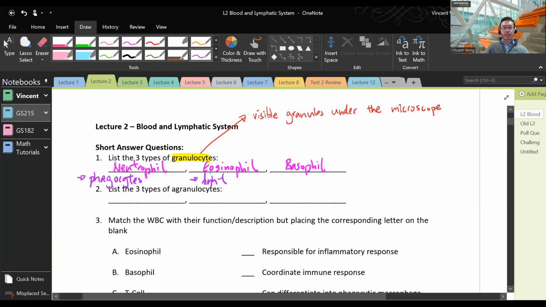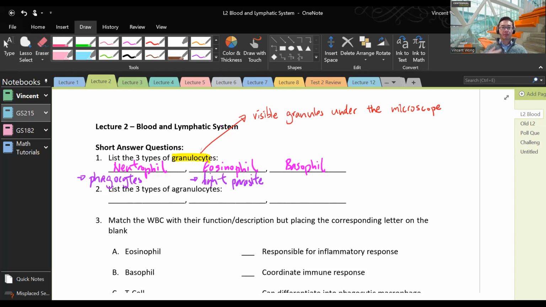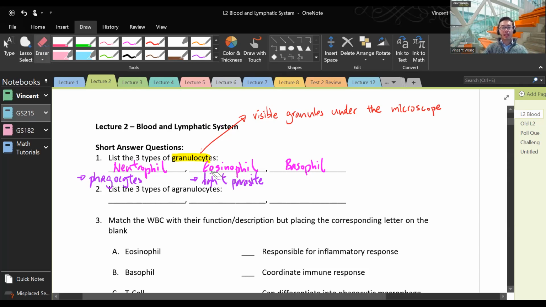They also do other things, like allergic reactions and so on and so forth, but I'm just trying to keep it down to one thing for each to help you remember. So basophil, what is basophil for? Well, they are responsible for the inflammatory response.